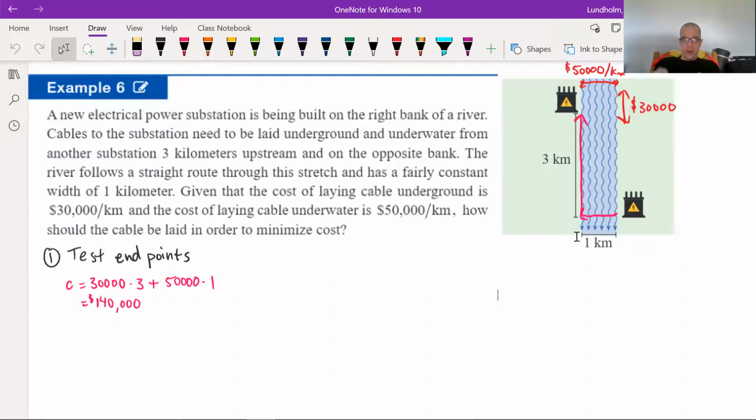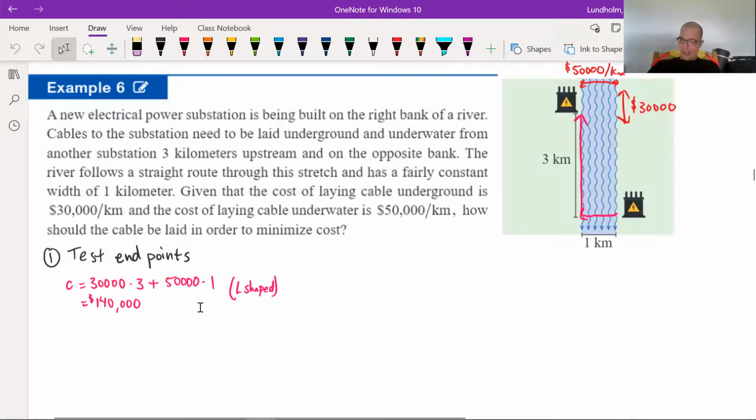All right, so that's the cost for the L-shaped route. And it would be the same if you went along the ground over here and across there. Anyways, so the L-shaped route's that way.